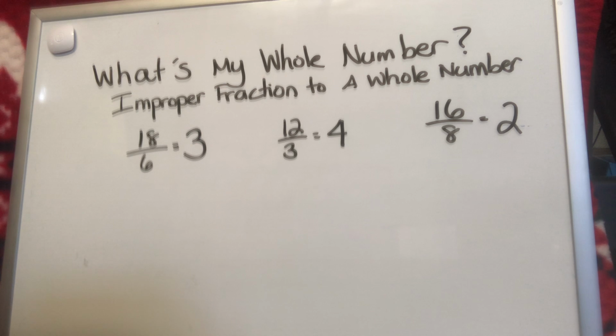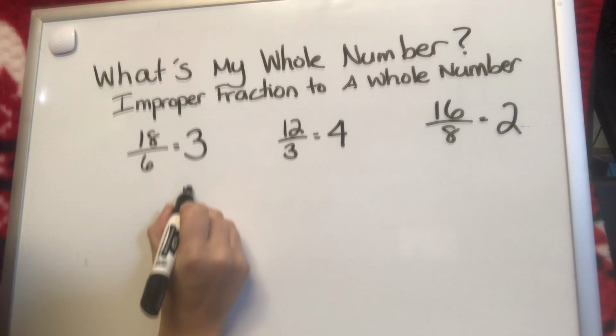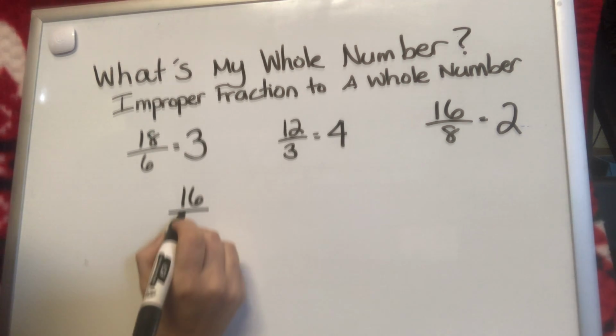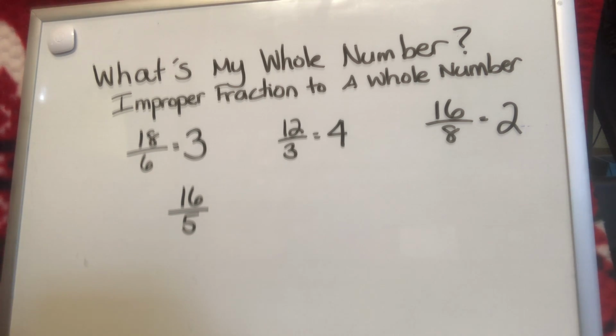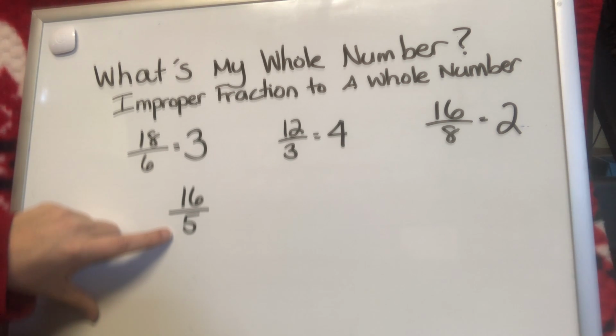Now, it's not always going to work out beautifully like that. I might have, let's say, 16 fifths, okay? So I say, well, 16 fifths. Well, 16 doesn't divide into 5 evenly, right?